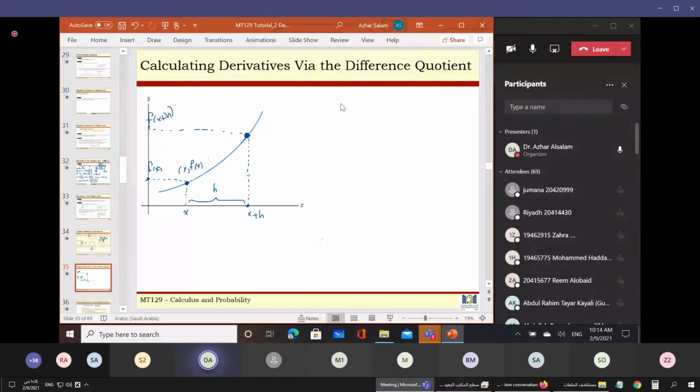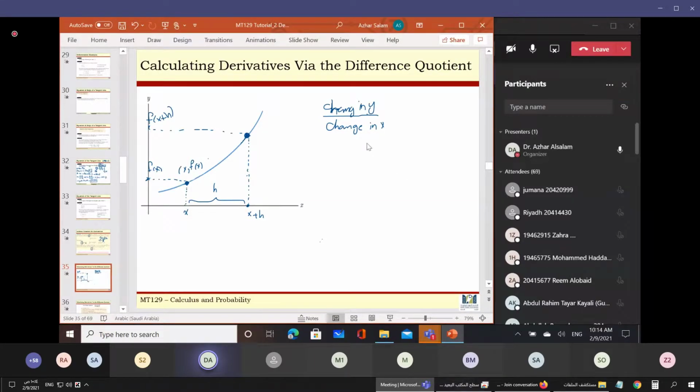Now to find the slope of the tangent line between these two points, I will take the rate of change in y. I will take the change in y and divide it by the change in x.